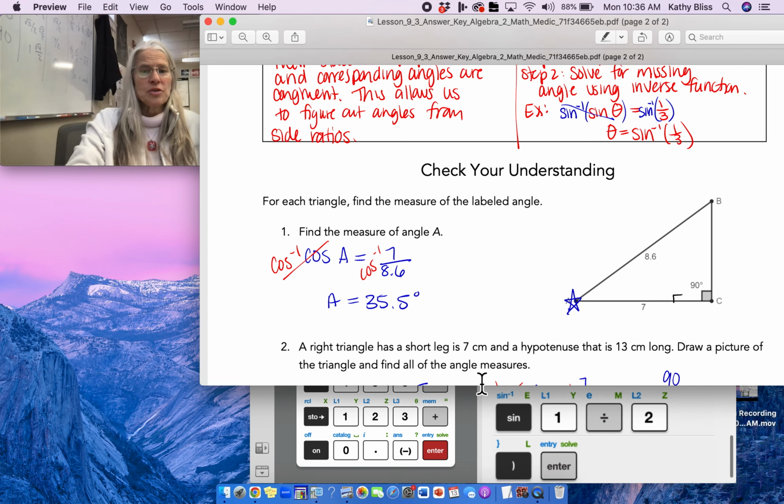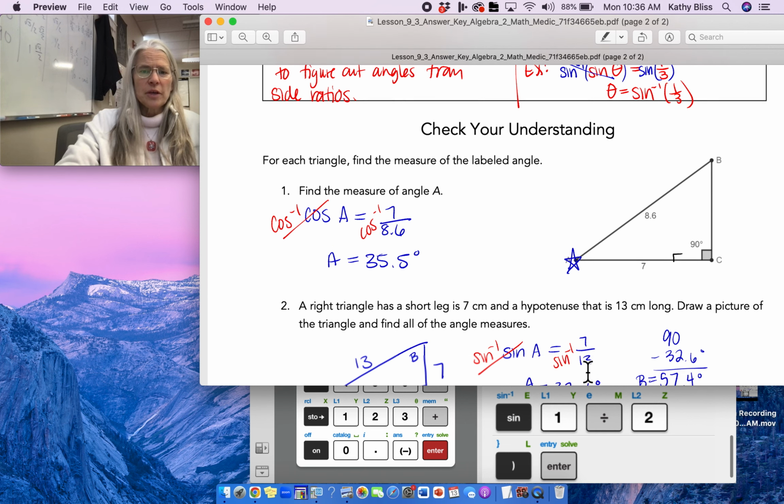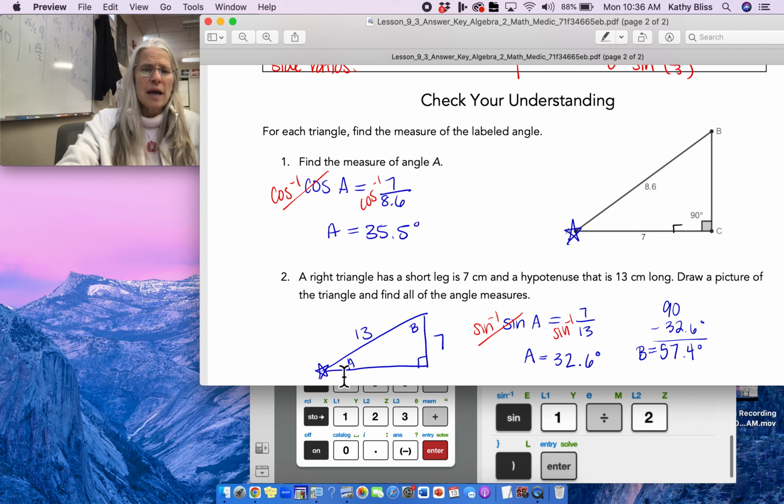This next one has you drawing a picture. A right triangle has a short leg that is 7 centimeters and a hypotenuse that is 13. And remember that concept of opposite the shortest leg is the smallest angle. So we want to draw a picture of that. There's my angle A. That's the smallest one.